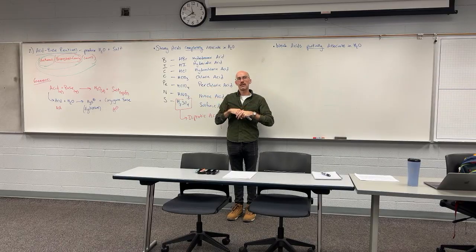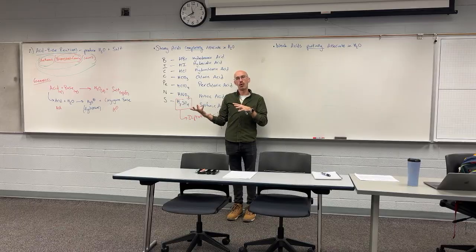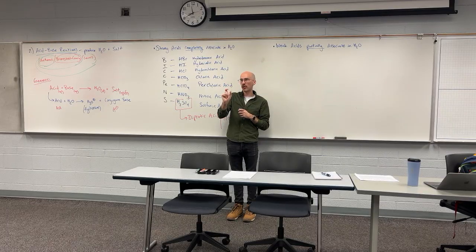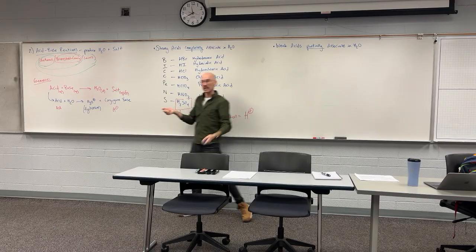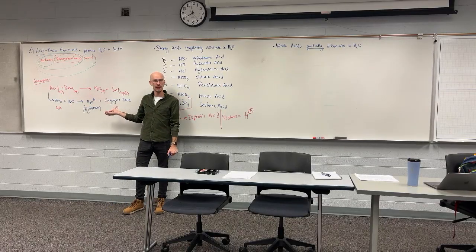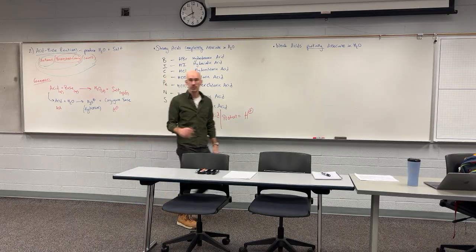Weak acids, if you have 1 mole of a weak acid, they'll partially dissociate. So you might have 0.1 moles of H3O plus and 0.9 moles of the original HA, the original acid. That is to say, a very small number of molecules of the acid will actually act as an acid. If an acid's job is to give its hydrogen to water, weak acids are very bad at doing that. Very few of them give their hydrogen to water.